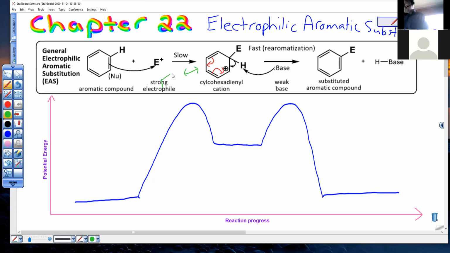And you'd have this species here with the double bonds here and here, and the cation there. And another I'll draw with the mechanism arrows.